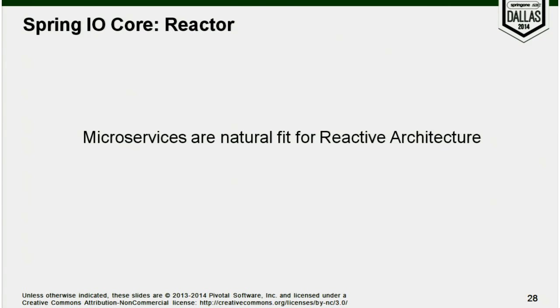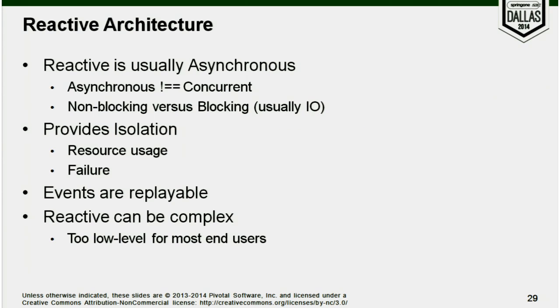That's perfect for your microservice architecture, to have a reactive architecture that responds to stimuli rather than having a publisher in charge that has a big list of things, and it says, oh, I'm going to give you these whether you can handle them or not, and your service just has to sit there and say, thank you, sir, may I have another, for every piece of data that's coming in.